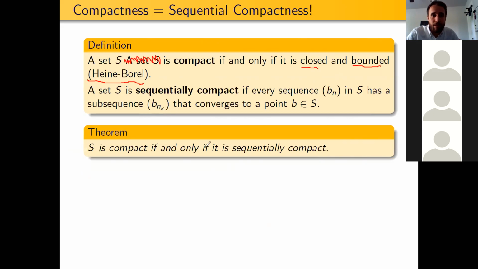So this is an if and only if statement. We'll have to prove both directions. Let's try to say that if our set is compact, then it is sequentially compact. So in the forward direction, we can say, let S be compact, meaning that it's closed and bounded.